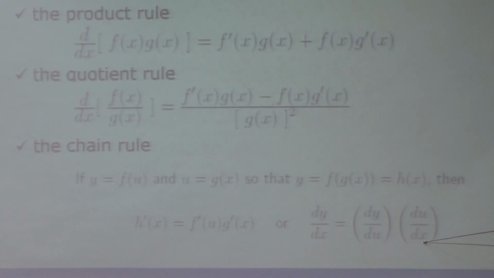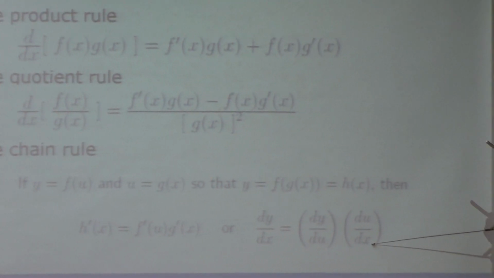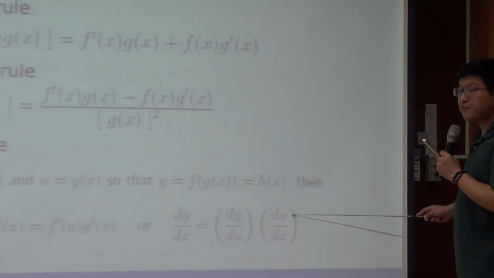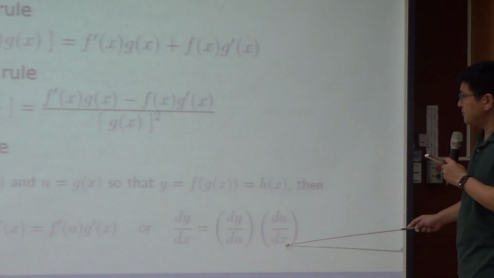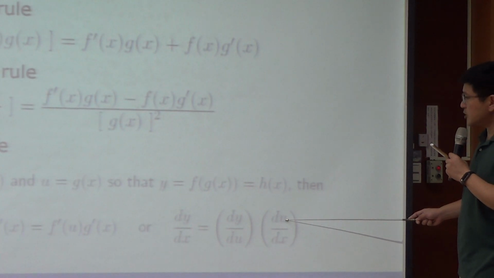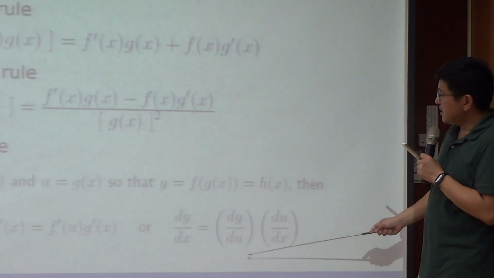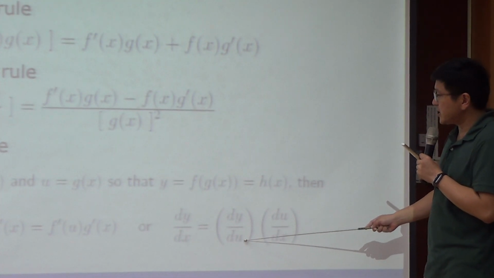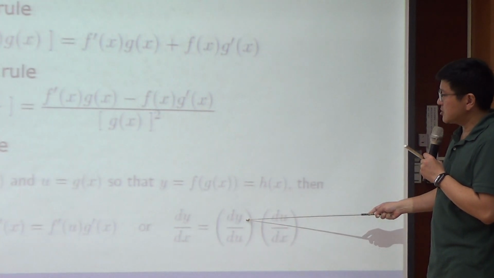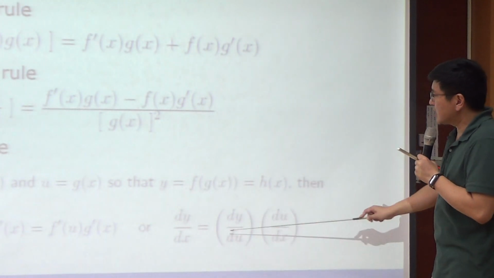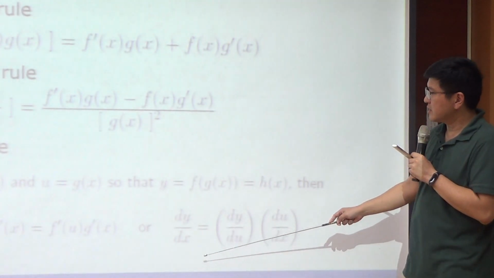What happens to the change in u given a change in x? So this is the effect of how a unit increase in x makes u change. And this is how a unit of u change makes the change in y. So we multiply them to make the total effect.